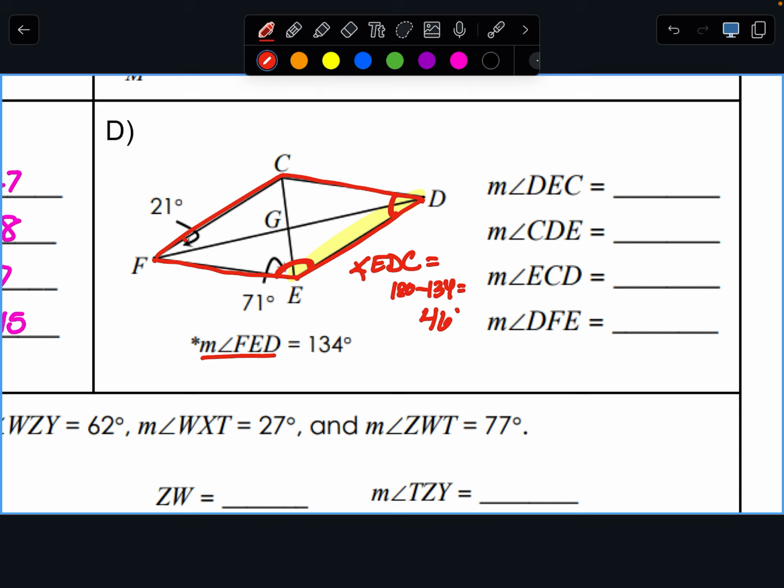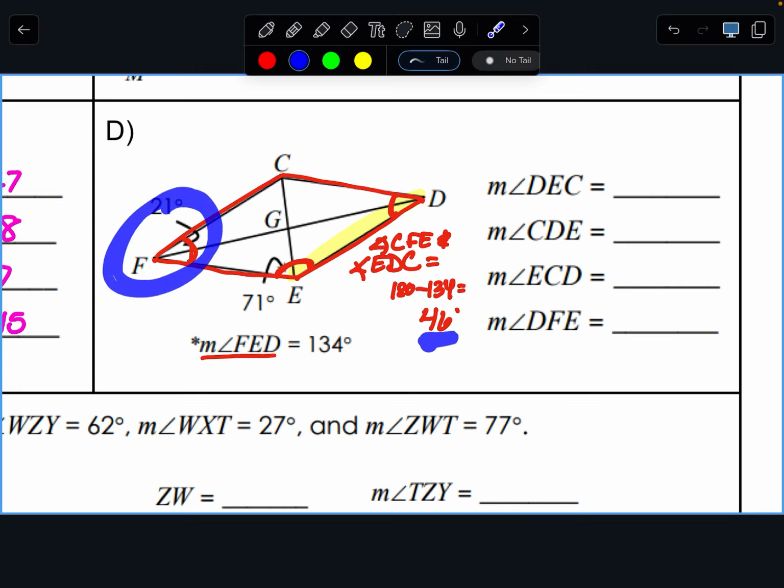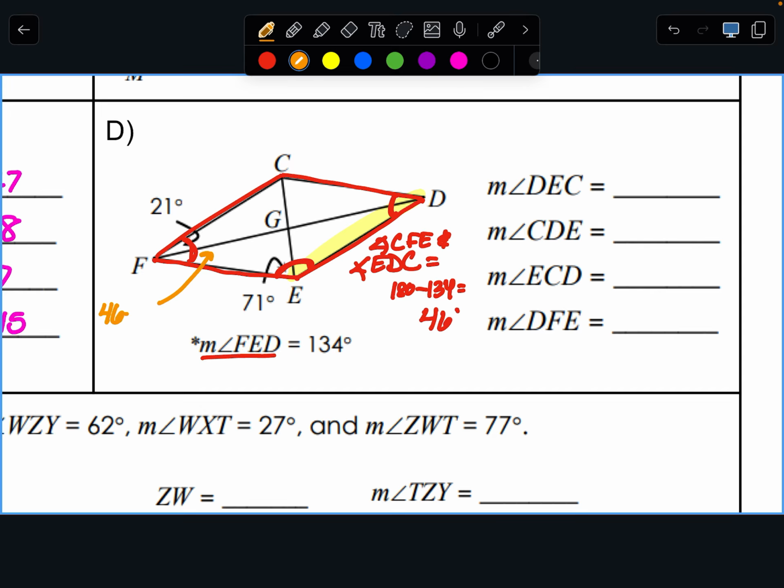That also means that CFE is the same thing. I don't know if I need that yet, but at least I have it. So now I know that this angle is 46 degrees, but this piece is 21. So this piece is 46 minus 21, which is 25 degrees.